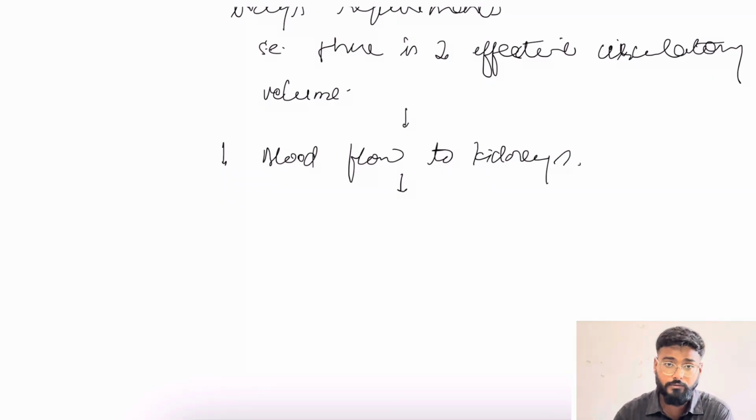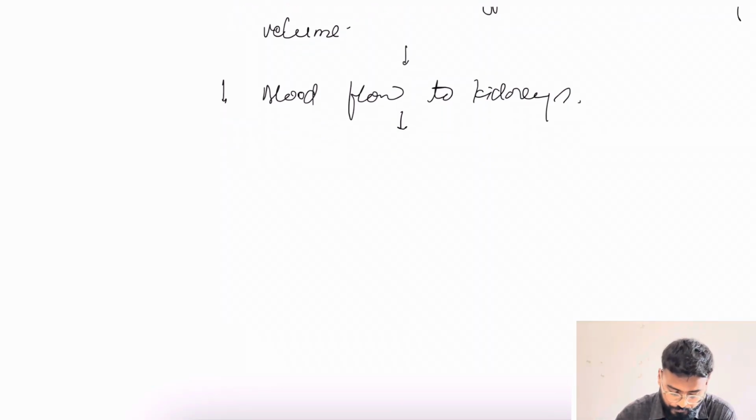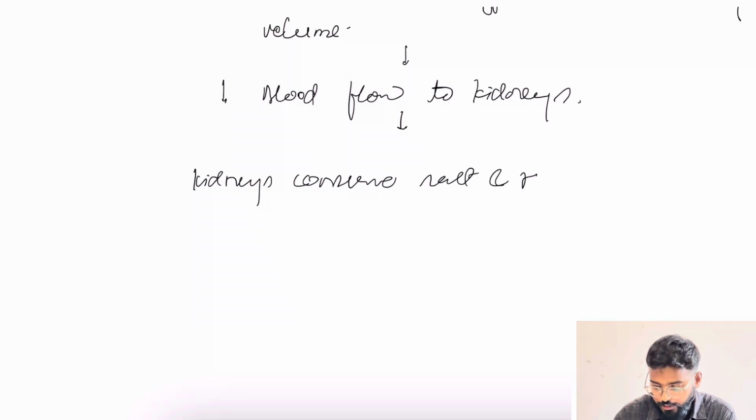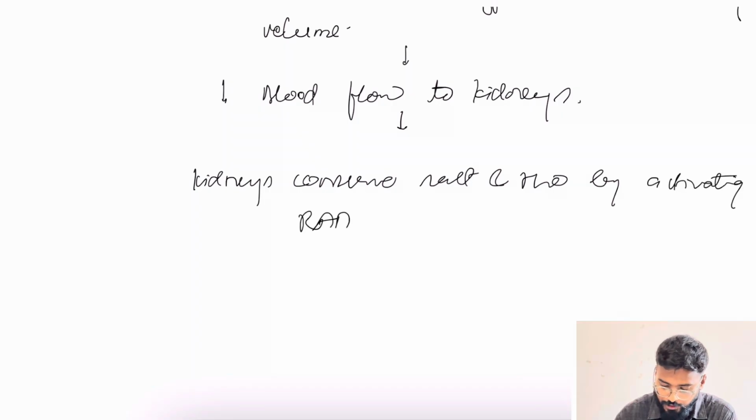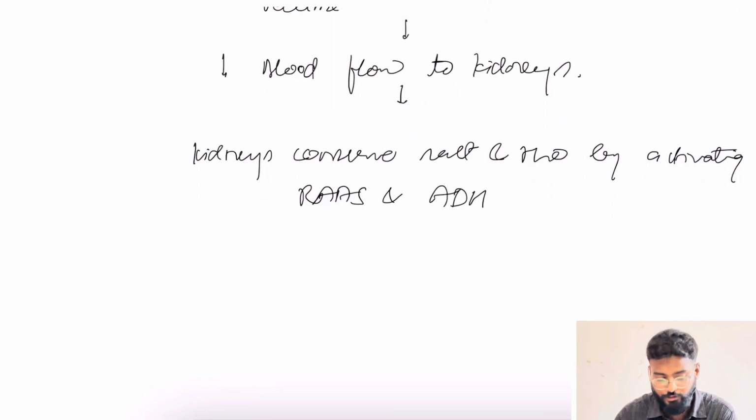So kidneys conserve salt and water by activating RAS and ADH or vasopressin.